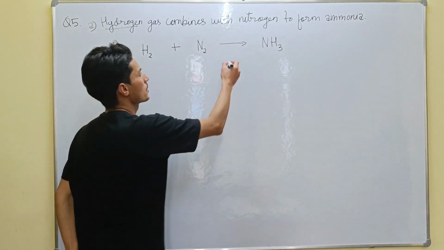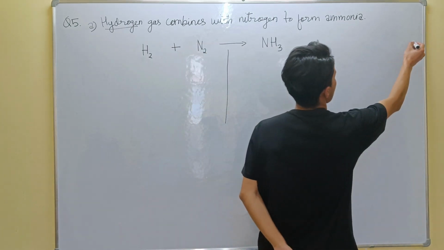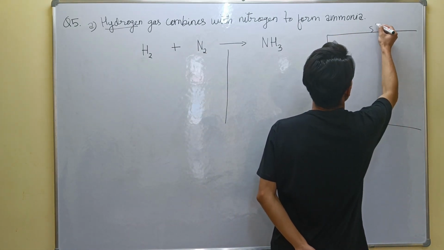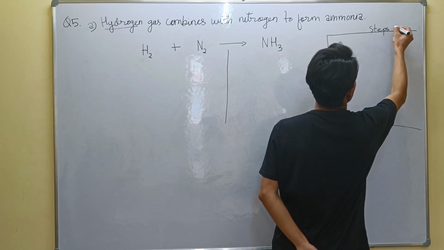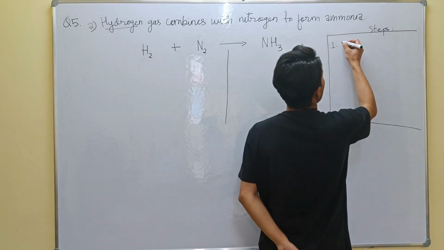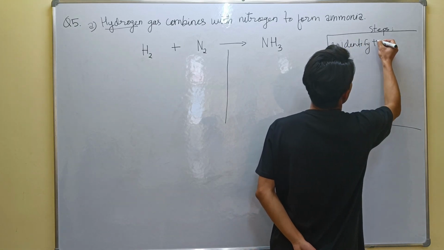So let's balance this. You know how we have to do balancing. So once again, let us remember the steps of balancing. The first one is to identify the elements.